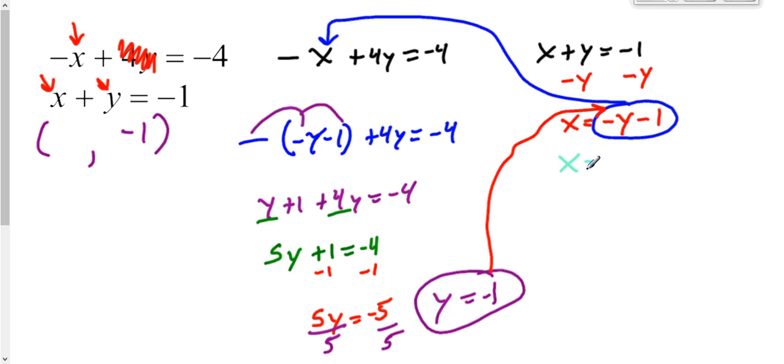We get x equals negative 1 minus 1. Again, this minus does not count for this minus. We're only taking out the y. So we have 1 minus 1. And the answer is 0. Record that as a coordinate point, and we're done.